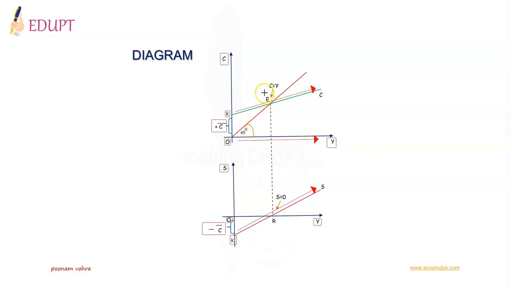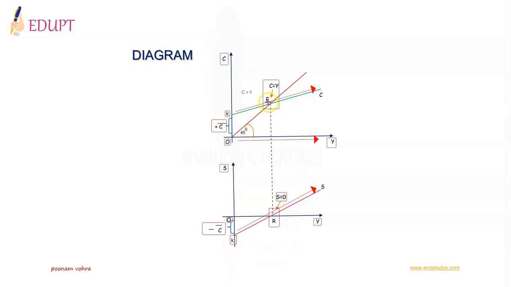In the case of consumption, it intersects the 45-degree line at a point where consumption is equal to income, point E. Correspondingly, one finds that on the savings curve also, savings are 0 at that income. So it establishes the fact that when whatever income is earned, the whole of it is consumed, C is equal to Y, then nothing can be saved or savings are 0.